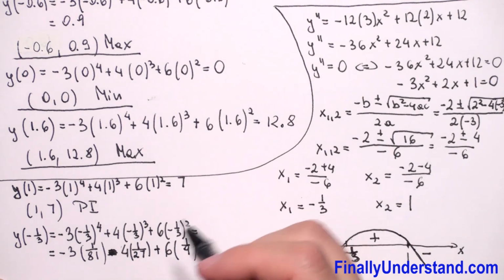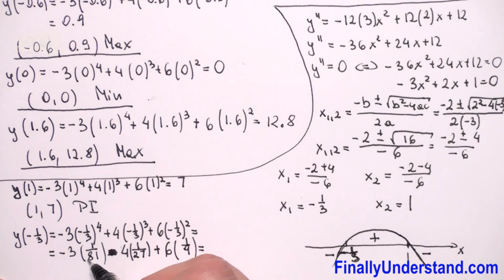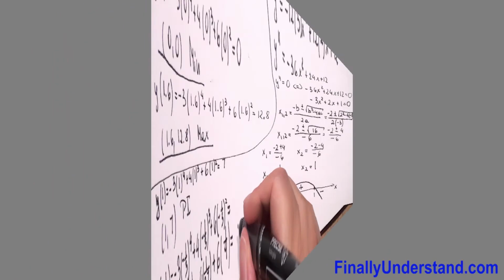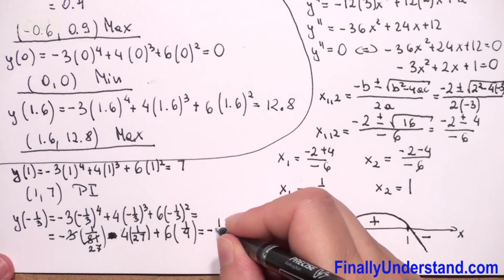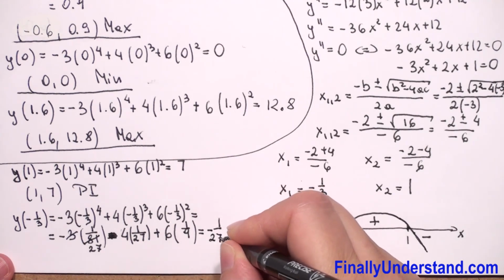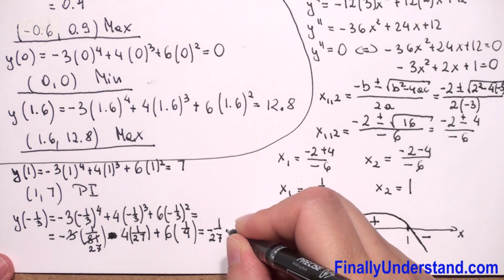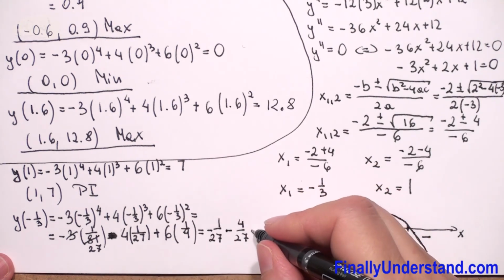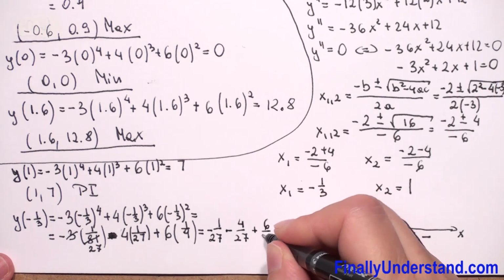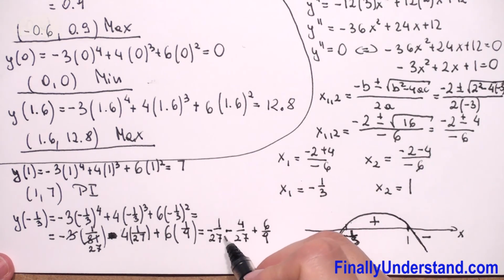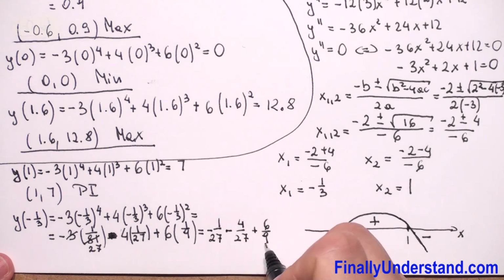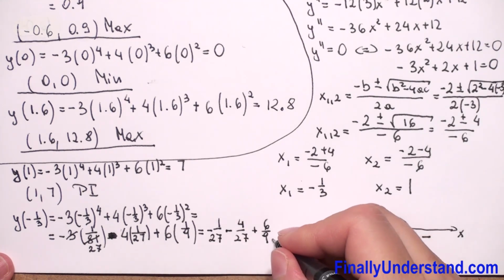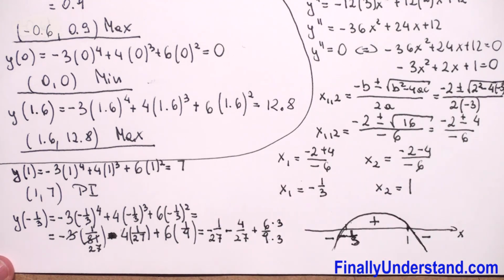This is equal to... we can reduce 81 and 3, which will be 27. Negative 1/27 minus 4/27 plus 6/9. Because we have subtraction and addition, we need the same denominator. So I multiply numerator and denominator by 3 to get 27.